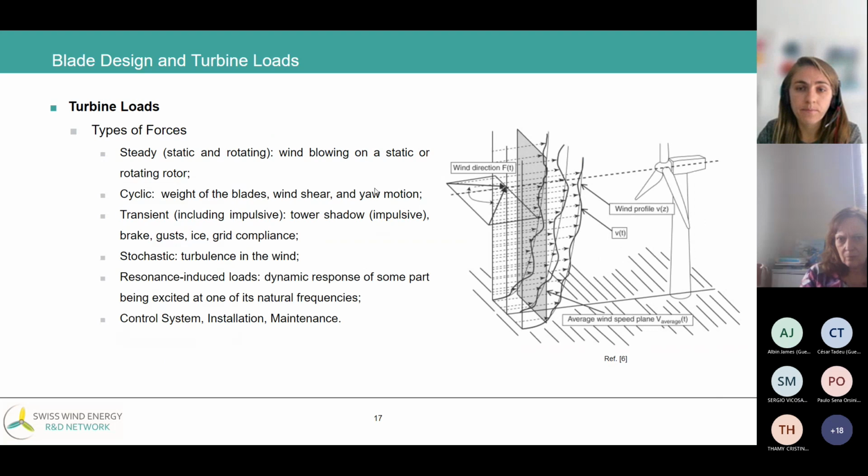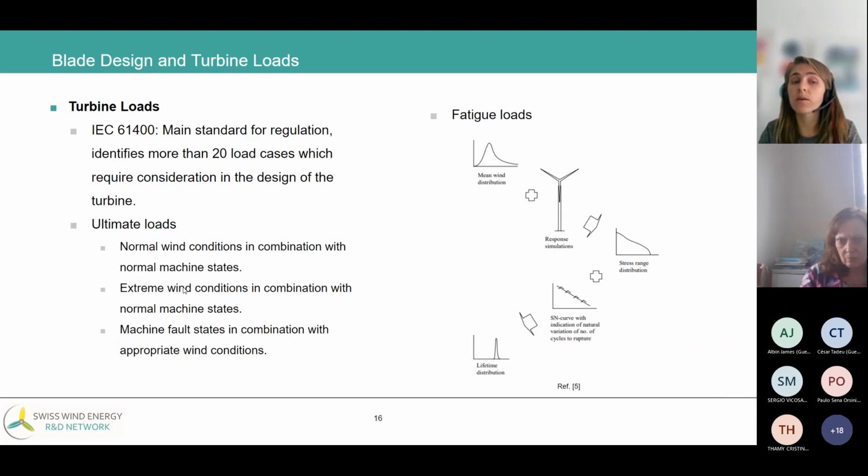Imagine that you have to calculate the loads for your turbine for many different situations. You have more than 20, 20 to 30 design load cases that you need to comply with, and usually you use simulations to prove that your turbine can be designed.